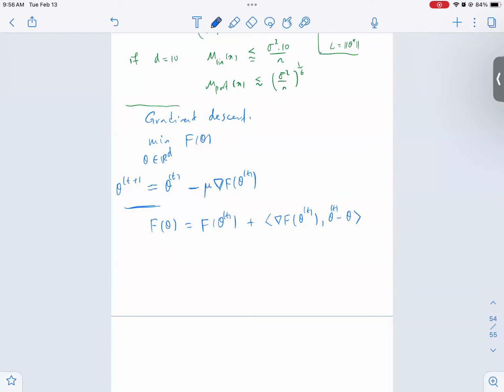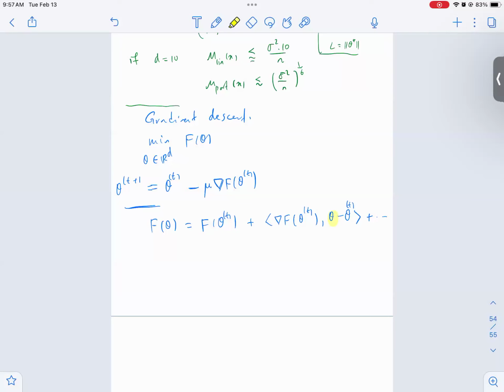So the idea is roughly that we are trying to minimize this linear approximation. If you look at this part, this is really a linear or affine function. This is a constant because we are looking at a specific theta_t.